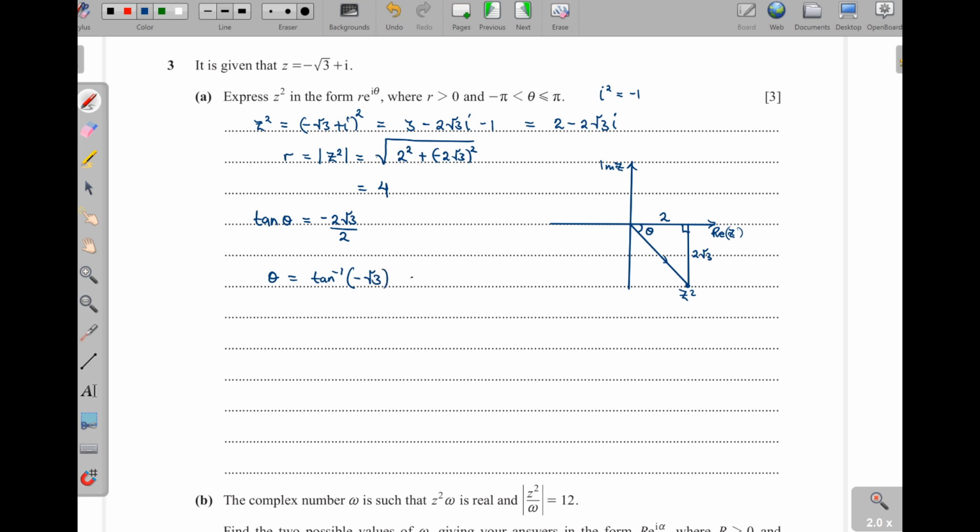Of course, it will give us minus pi over 3, minus 60 degrees. So this simply implies that z squared shall be equal to 4 e to the power of negative pi over 3 i, and that is that.